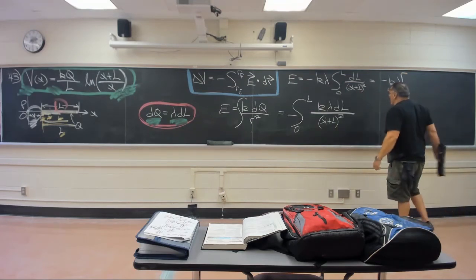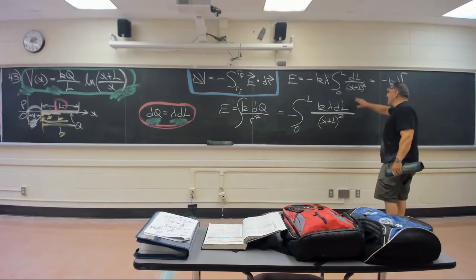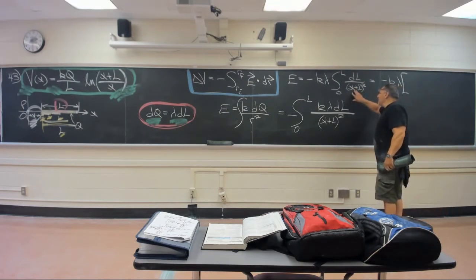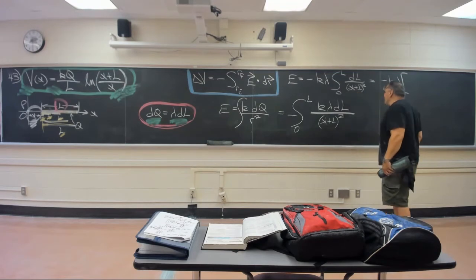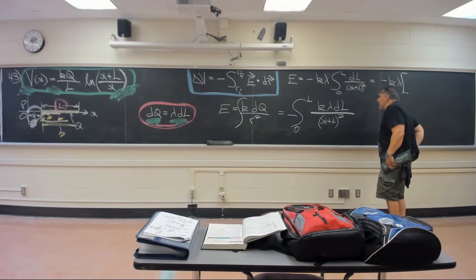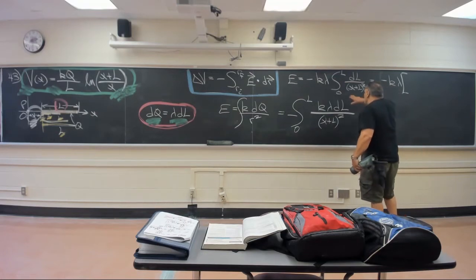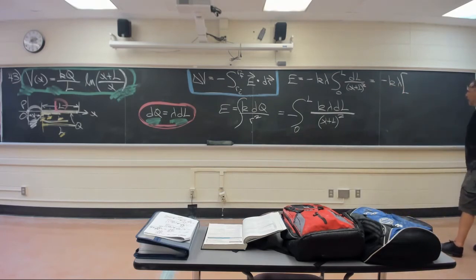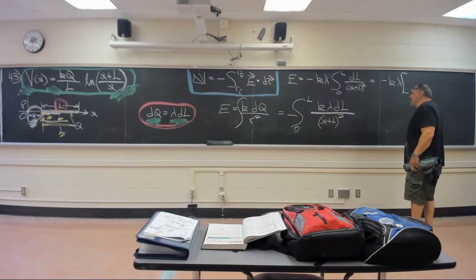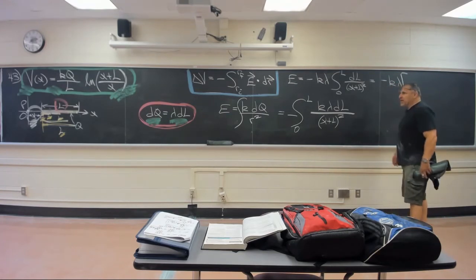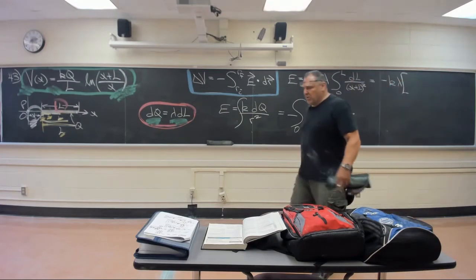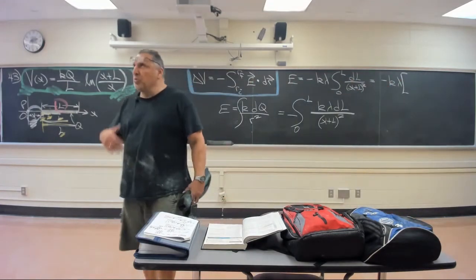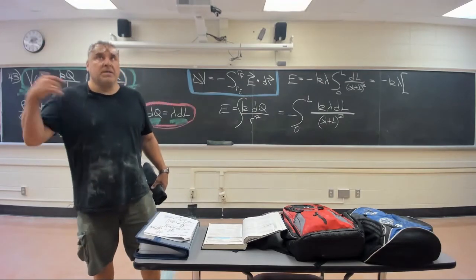Remember we said that dL and dU are equal. If you set U equal to x plus capital L, dU is the same as dL. If you want to play the game here, you're integrating with respect to U of U to the negative 2 dU.